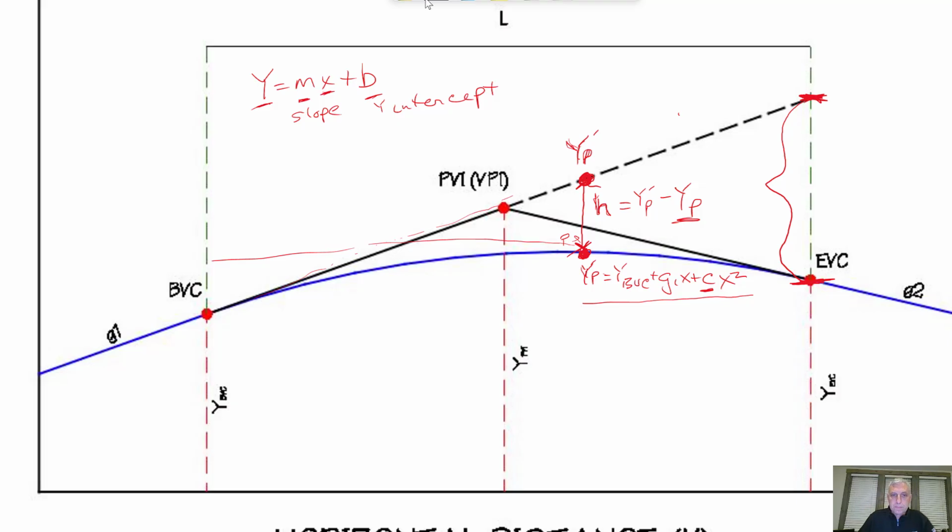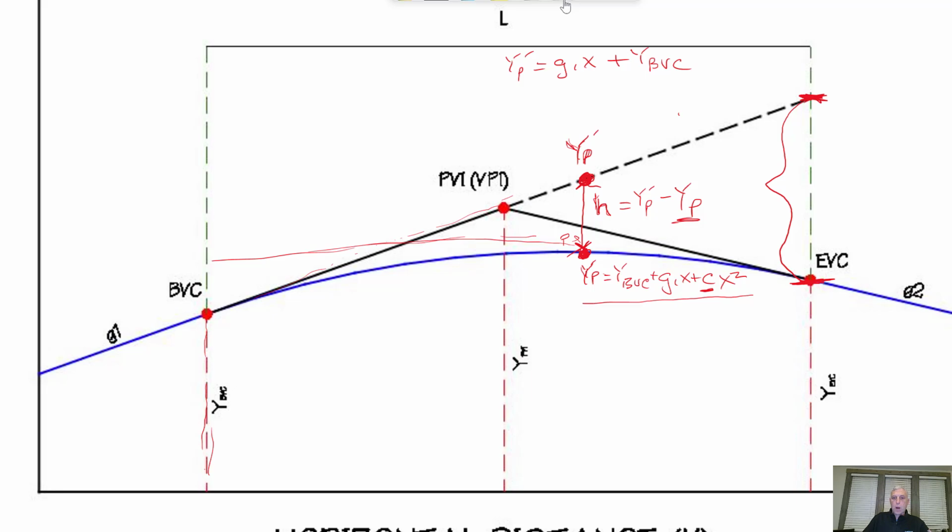It's the same thing we're doing here. That was an analogy to motivate the y prime of P. So y prime of P equals the slope of our line, which is G1, times that horizontal distance, x, plus the y-intercept. Remember we start at the BVC, so the y-intercept is y BVC. Super simple. That part's easy.